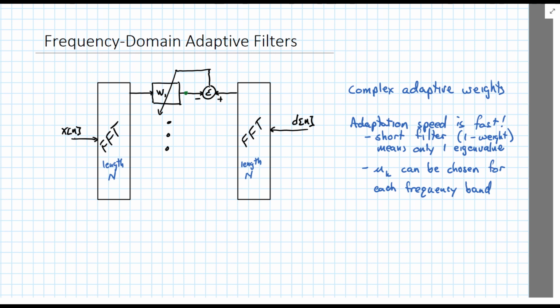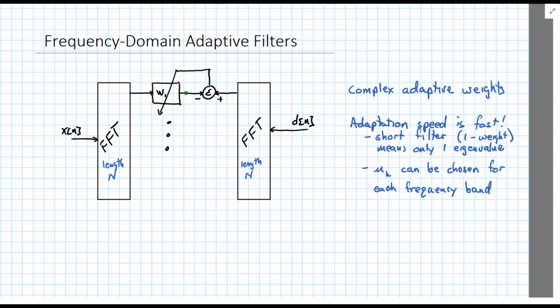And also, with a length 1 filter, we can't have an eigenvalue spread that's been giving us problems in other cases. So if we have a colored input, for example, then we can choose the mu based on just the energy in a particular frequency band, and so the adaptation speed can be much faster.